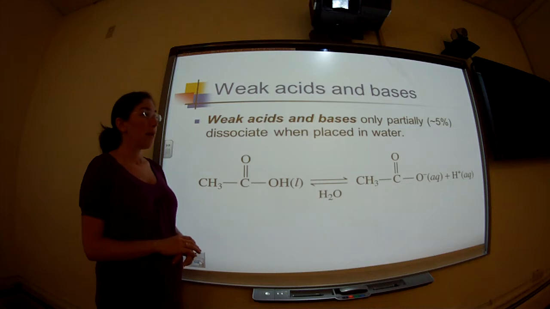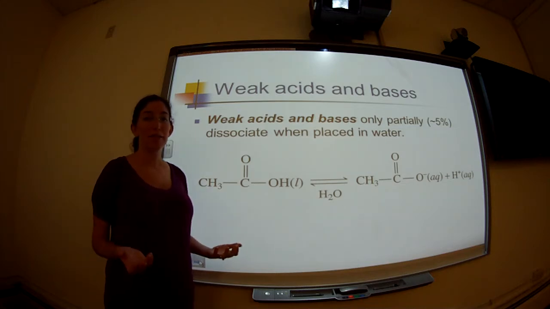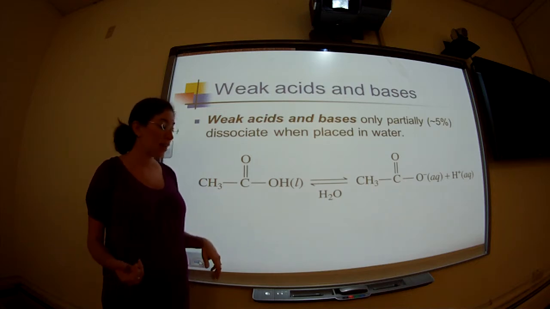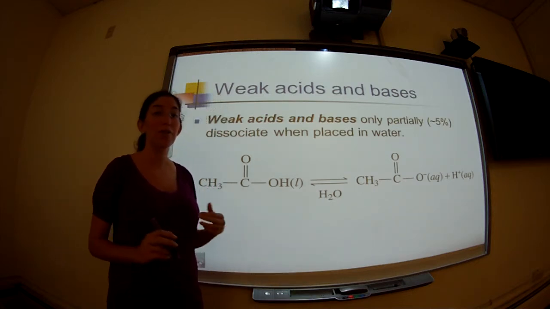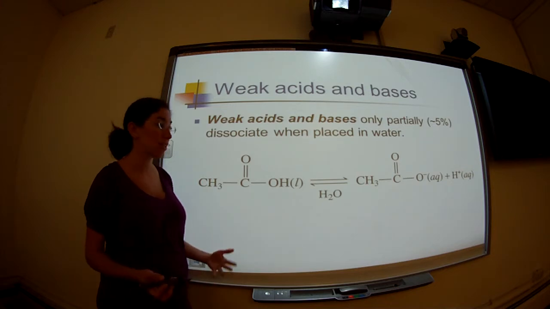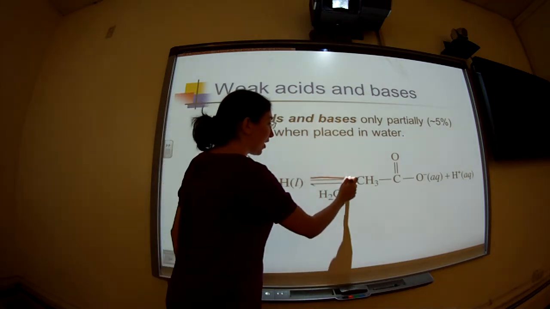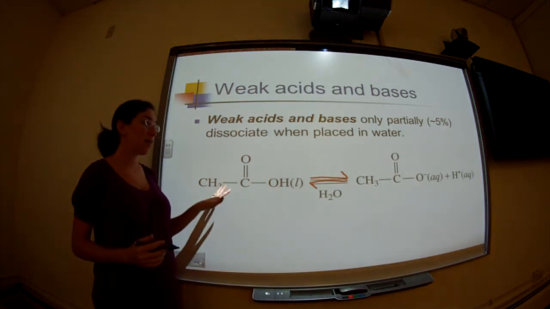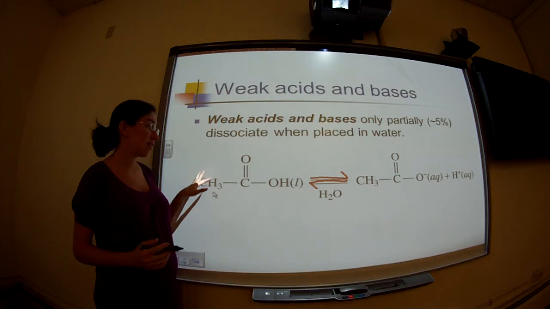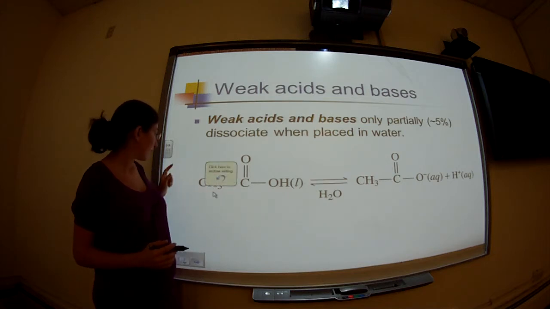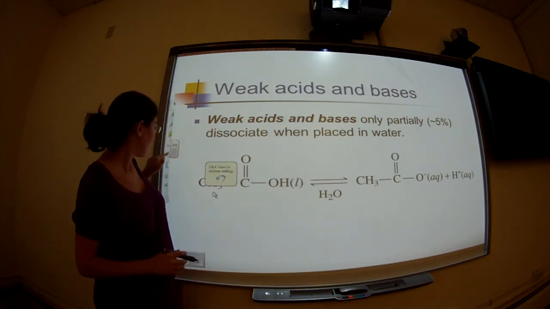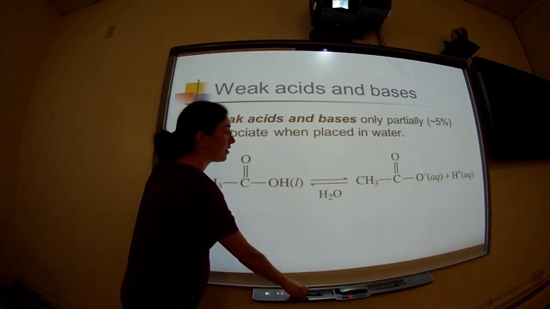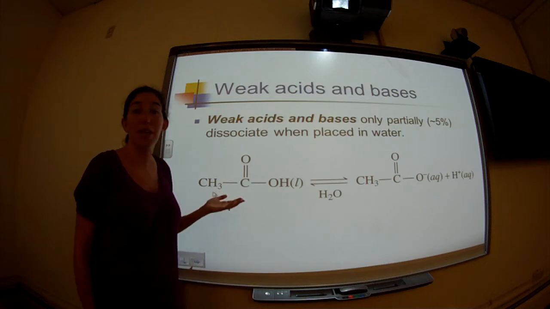But generally, acids and bases in nature are weak acids, meaning that they do not fully dissociate. They only partially dissociate. Hence the double arrow here, the equilibrium arrow. This is acetic acid, which is vinegar.